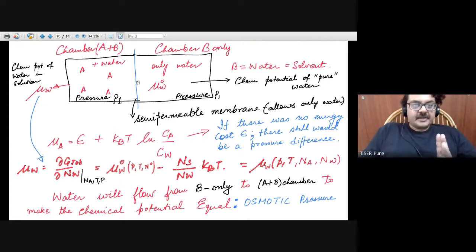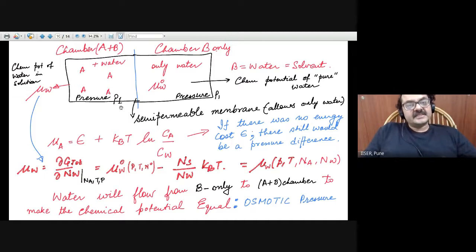And suppose they're separated by a semi-permeable membrane, right? If they're separated by a semi-permeable membrane, then initially both were at the same pressure, so this chemical potential and this chemical potential are calculated at the same pressure, suppose P1. Then water molecules will move from this chamber to this chamber, right?